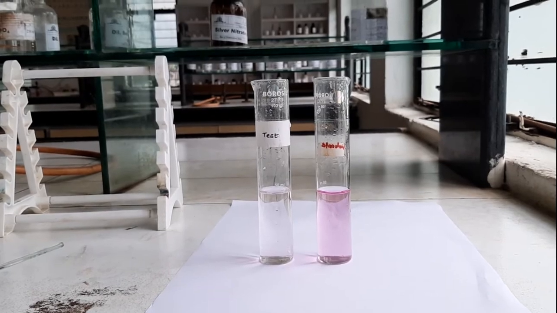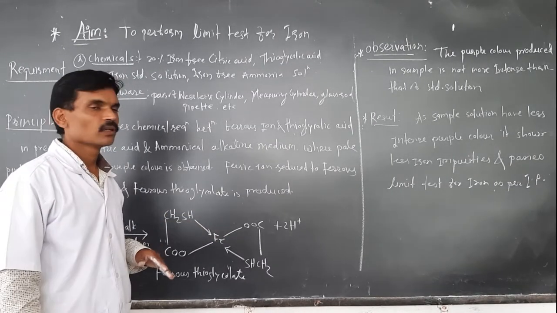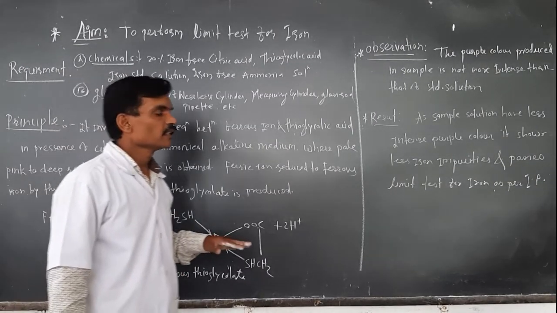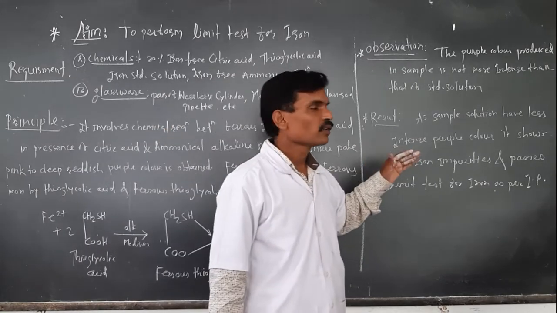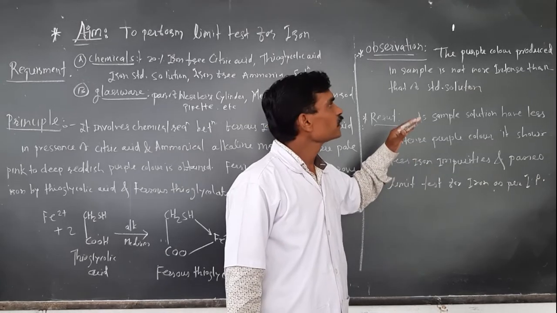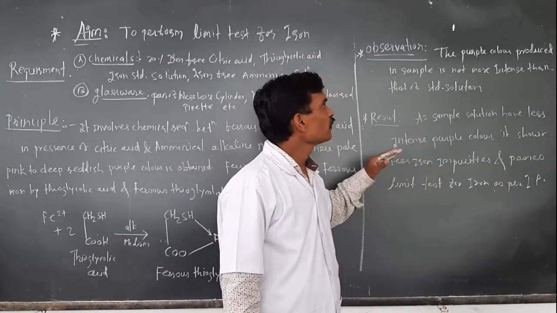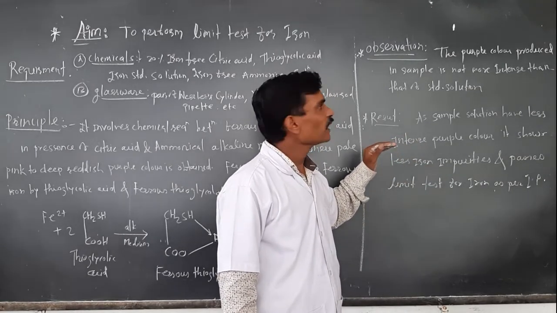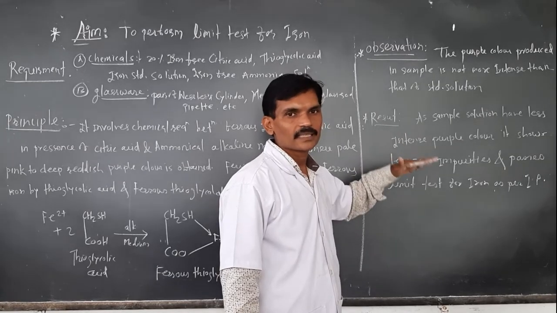Thank you. Performing the practical at laboratory level, what are the observations we found? There is a development of pale purple color in the standard solutions, and there is less or slight development of color in the test sample.